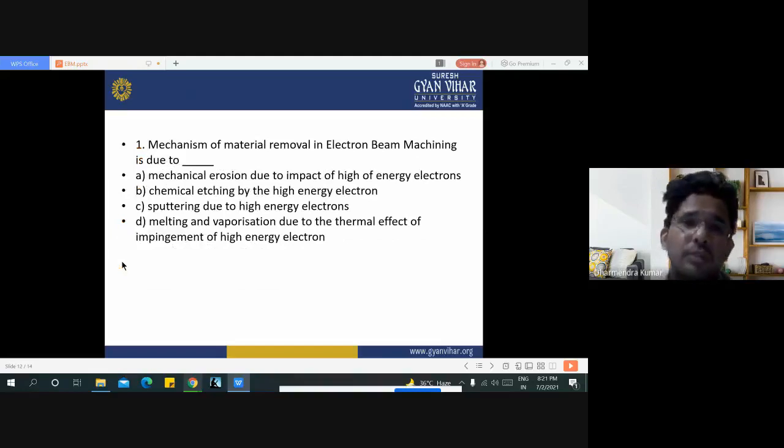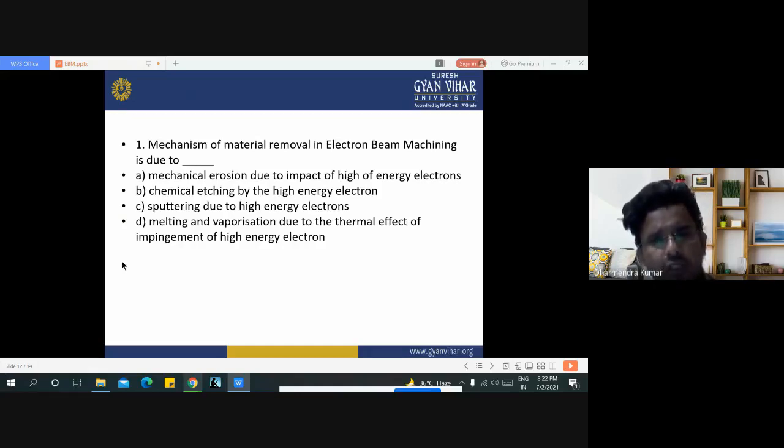On the basis of this chapter, here are some multiple choice questions. The mechanism of material removal in electron beam machining is due to: four options are given. Option A is mechanical erosion due to impact of high energy electrons, chemical etching by the high energy electrons, sputtering due to high energy electrons, or melting and vaporization due to the thermal effect of impingement of high energy electrons.